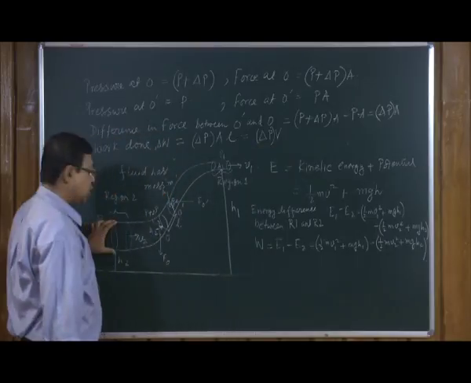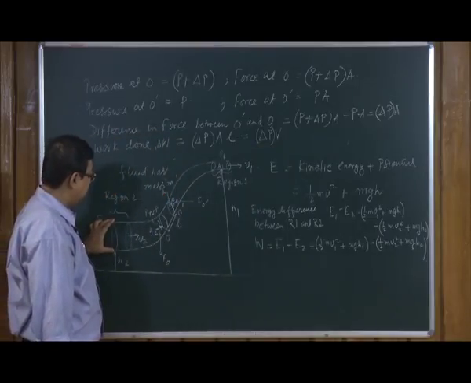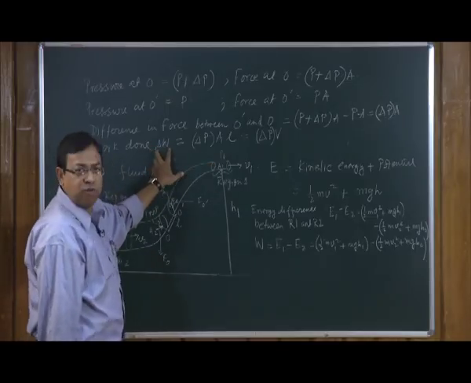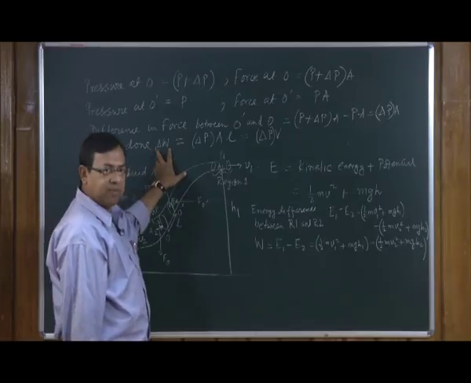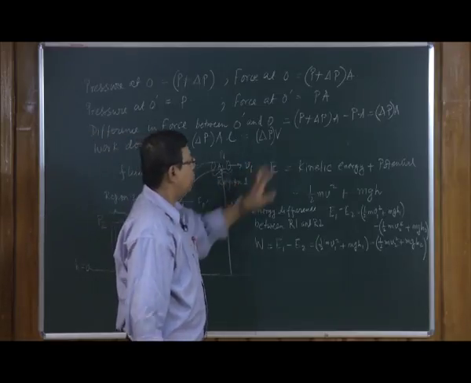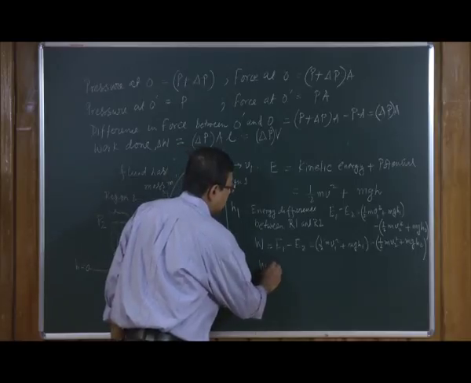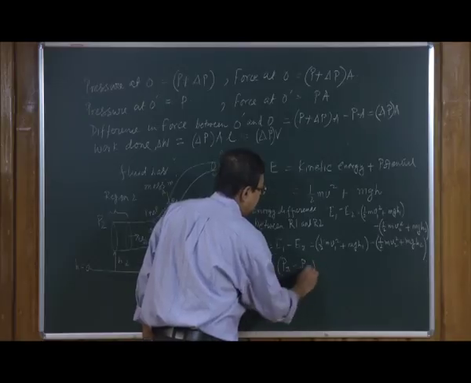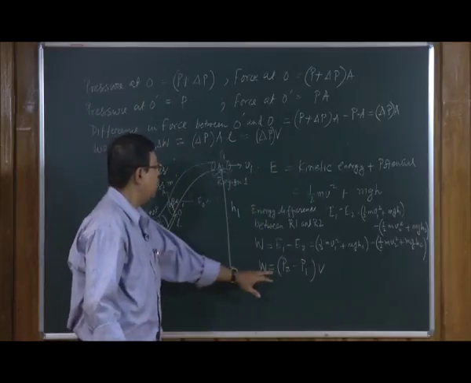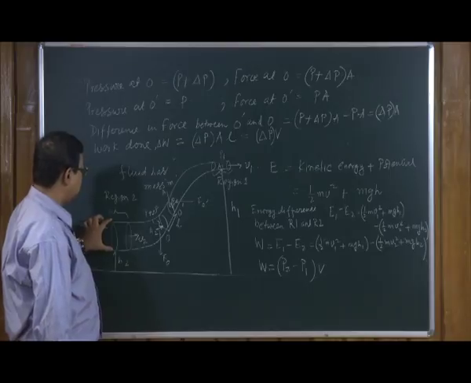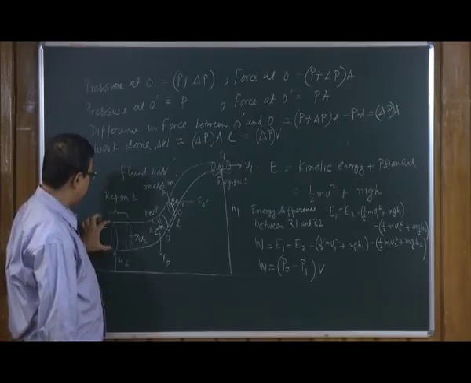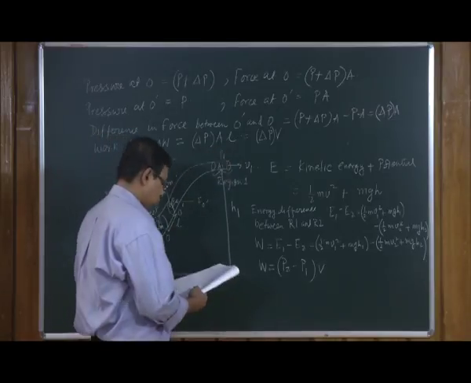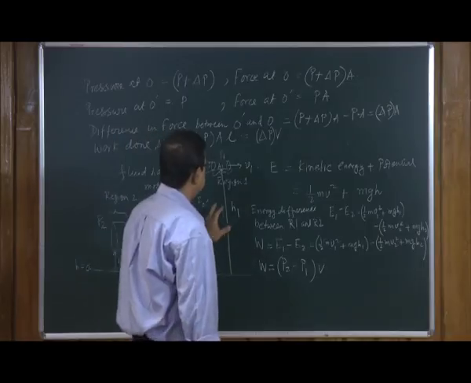Now, in order to transport the liquid film from region 2 to region 1, we will have to sum over all these elemental work done, and the entire work done will be P2 minus P1 into V, where P2 and P1 are the pressures in the two regions.